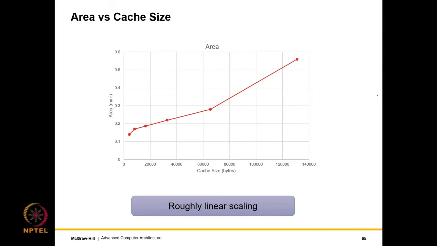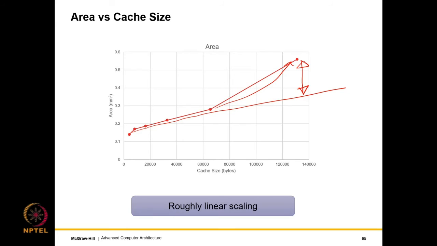In comparison, the area does not increase linearly, it increases superlinearly, as you can see. And the superlinear increase is of course because as we add more subarrays, we add more wires, more decoders, more routing logic. So this increases with the size of the cache.